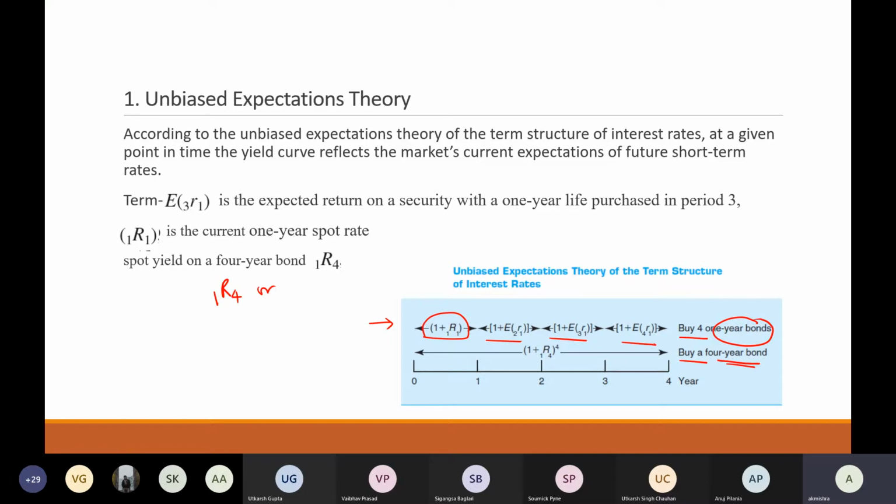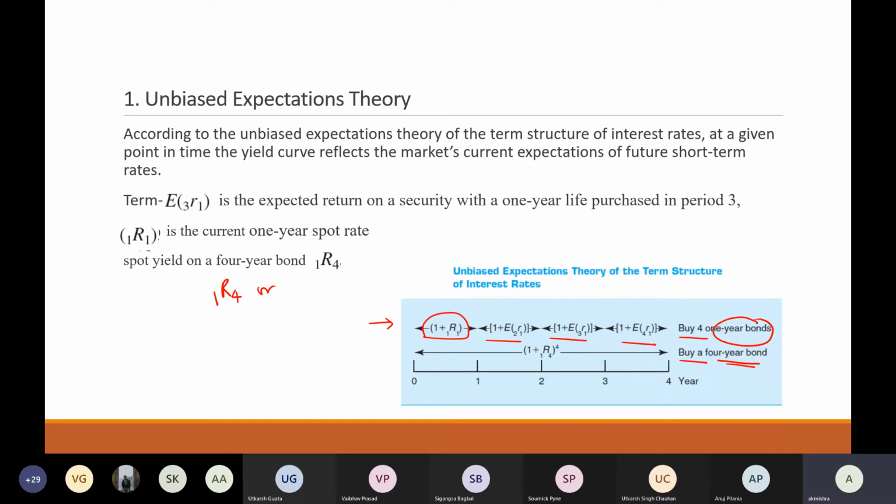Either you can buy 1 bond of 4-year maturity or buy 4 different bonds of 1 year maturity. This means you are going to be unbiased between these two choices.